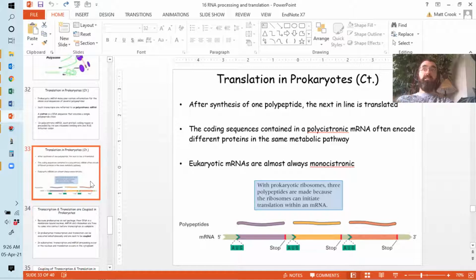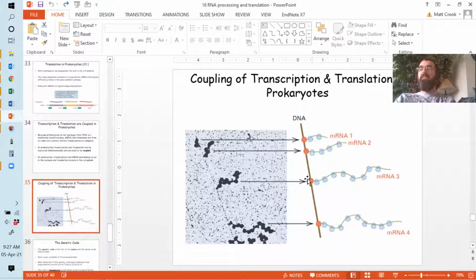So that's one particular oddity between prokaryotes and eukaryotes. Another really big one, and this is super important in terms of control of gene expression in prokaryotes, one of the funkier ways, let's put it that way, in which prokaryotes control their expression of their genes, is that these two things do not have to happen in different compartments.